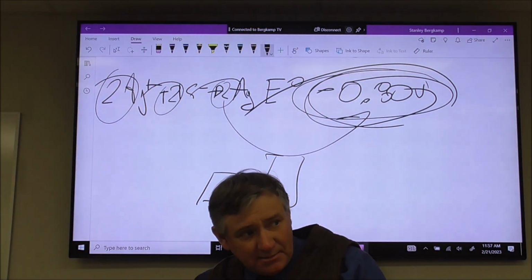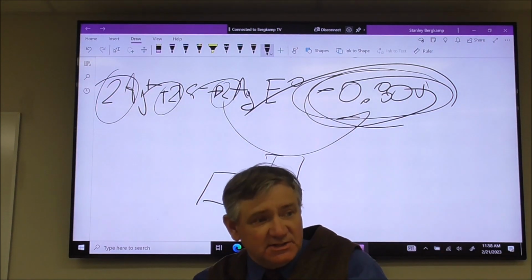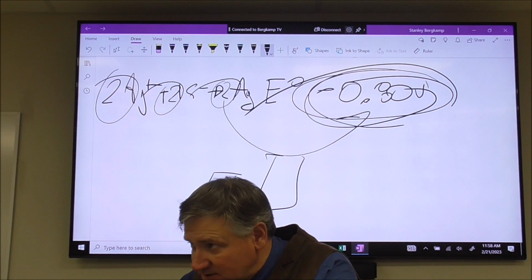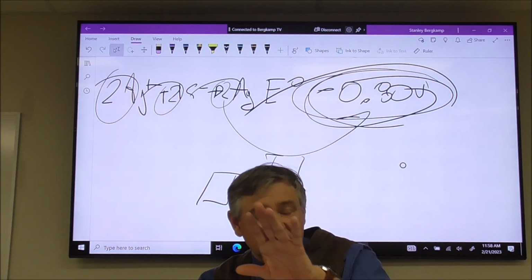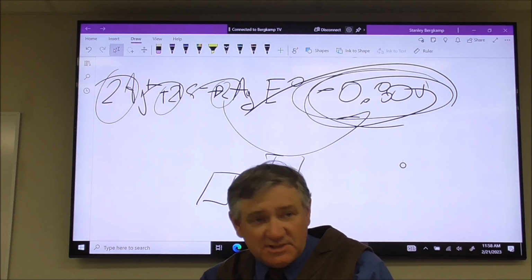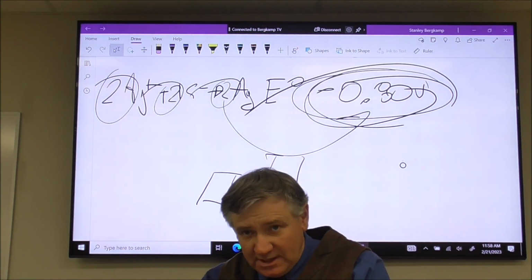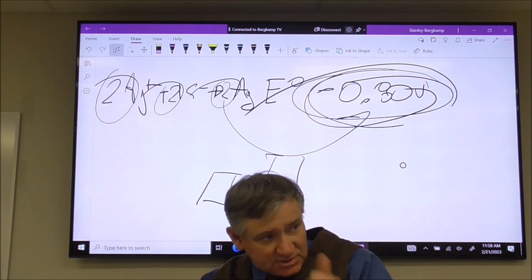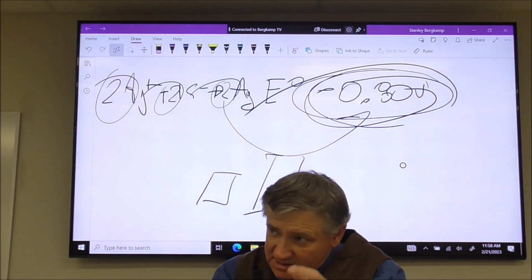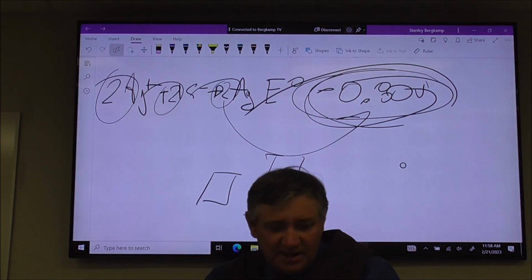But by multiplying all those coefficients by 2, you don't change anything. It doesn't change that positive 0.80 volts. If I double the size of the electrode, it doesn't change anything, okay? So the only way you can change that 0.80 volt is if you switch the sign, because it changes from a reduction reaction into an oxidation reaction.